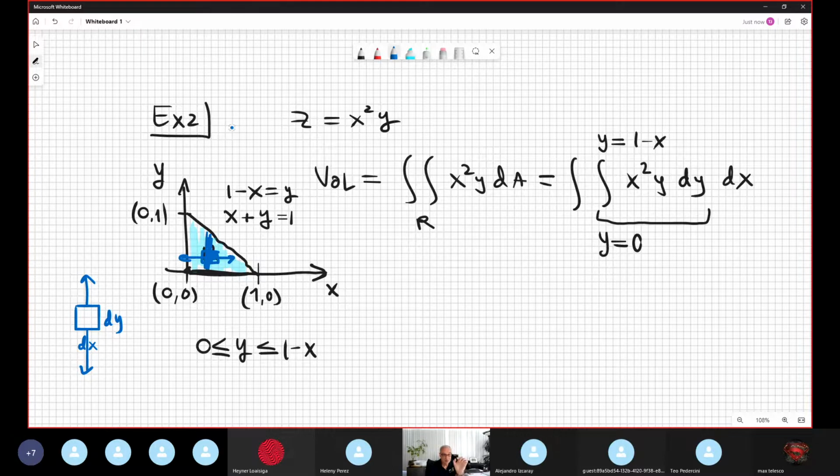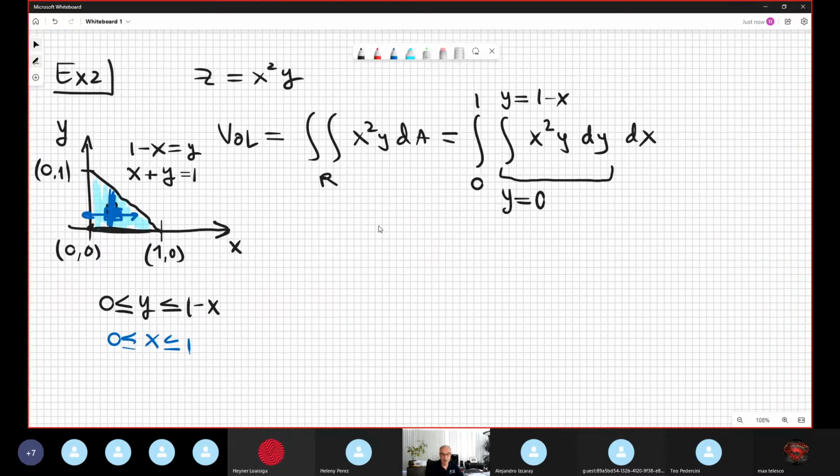Now this thickness strip is expanding to the right and to the left from 0 to 1, because the value for x in the region is from 0 to 1. So this is from 0 to 1. Okay, let me copy more clearly. I copy the double integral, in this case the double integral, the integrand function.